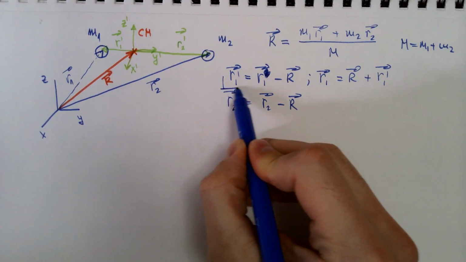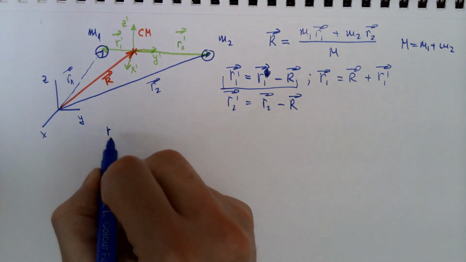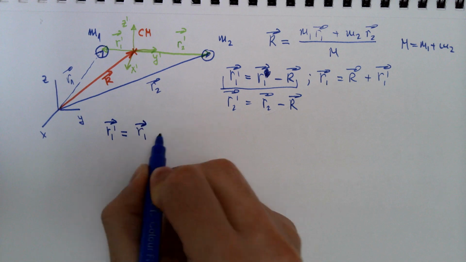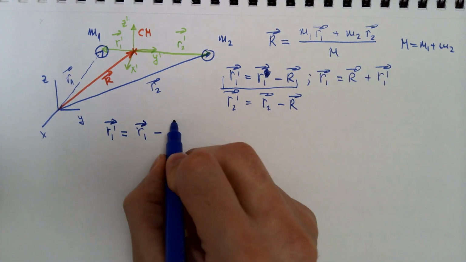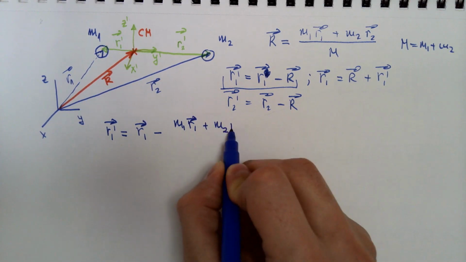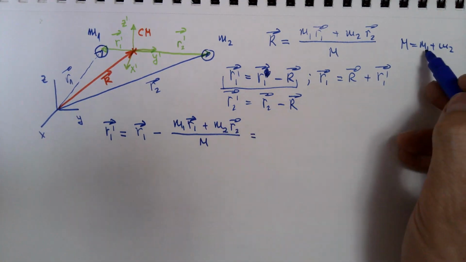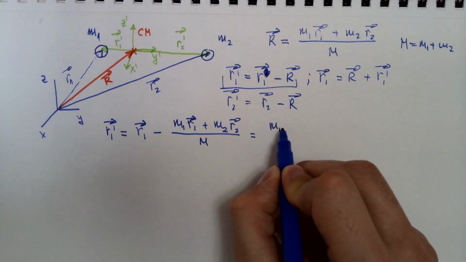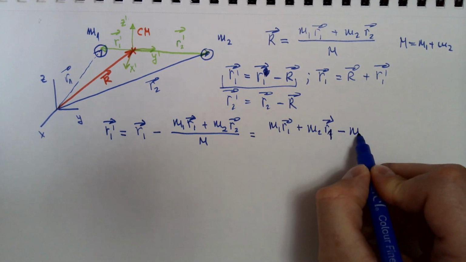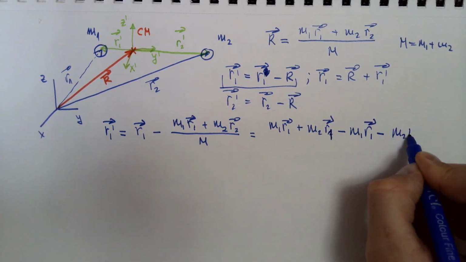Now let's continue with this r1 prime. Instead of R, I will substitute this expression, and we will get that r1 prime is equal to r1 minus m1 r1 plus m2 r2, divided by capital M. Because capital M is m1 plus m2, I will have m1 r1 plus m2 r1 minus m1 r1 and minus m2 r2.